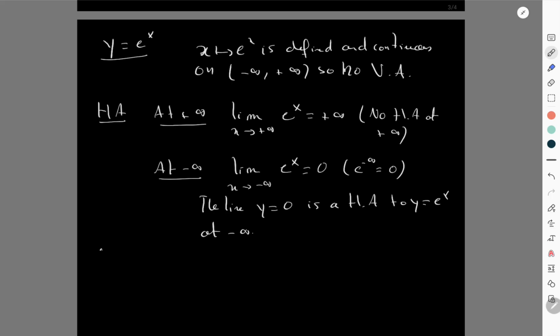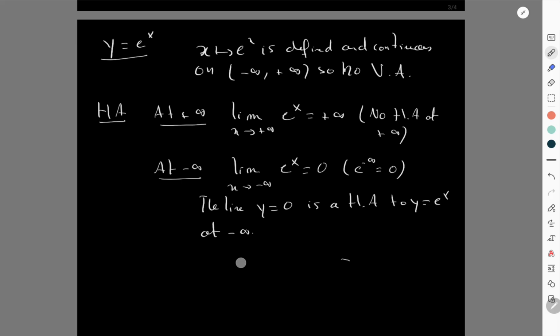For example, if you take the curve y equal arctan x, it has two horizontal asymptotes: y equal pi over 2 at plus infinity, and y equal minus pi over 2 at minus infinity. So in such a case we always check both ends, the limit at plus infinity and the limit at minus infinity, of course, if these limits can be defined.